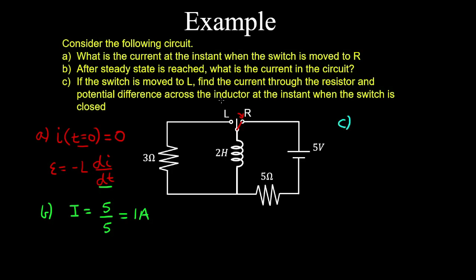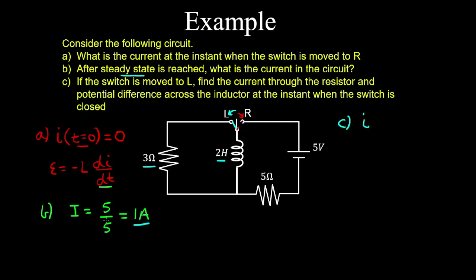Now in part C, the switch is moved to L, so the circuit is open on the right and it's a closed loop on the left. Find the current through the resistor and the potential difference across the inductor. So the inductor was initially charged because the steady state was reached, and therefore the current through this circuit is the same as the current reached at the steady state.